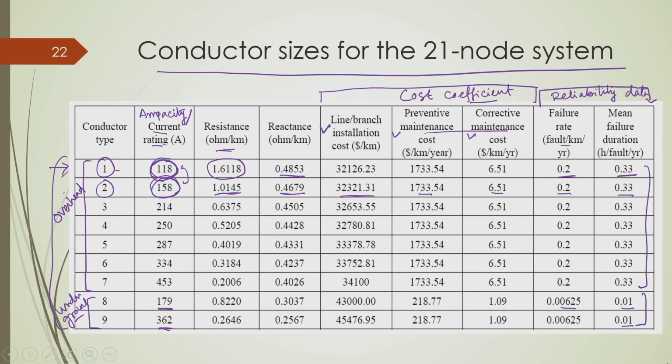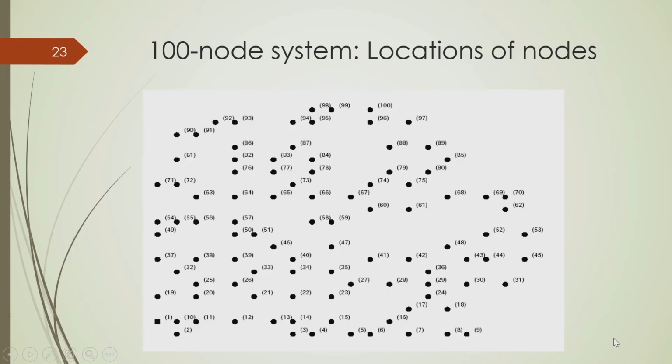Okay. All right. Now, this was all about 21 node system. For 100 node system, it is an example of a static planning, and it is an example of building or designing a brand new network, and that is why you can see substation is specified at this node 1.